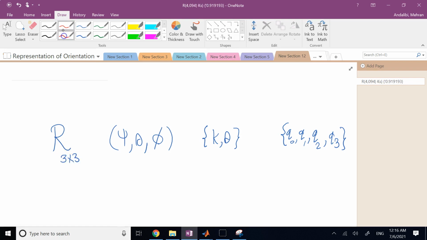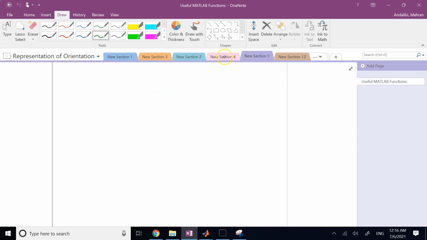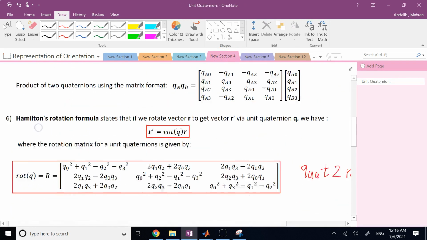And which ways did we learn to go from one to the other? So for all of them, there was a rotation matrix. So for Euler angles, there was a rotation matrix. For axis angle, there was the Rodriguez formula. And for this one, there is the Hamilton rotation equation. So all of them can be converted to a rotation matrix. Now, these 2 guys can be converted to each other through these formulas I just showed you.